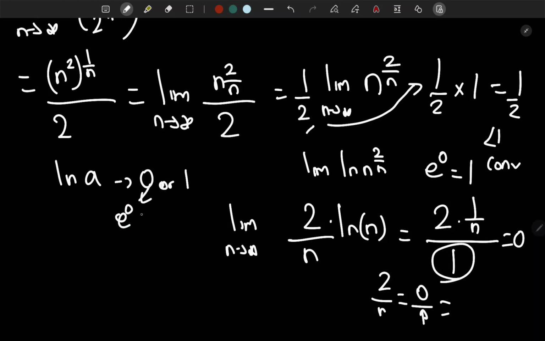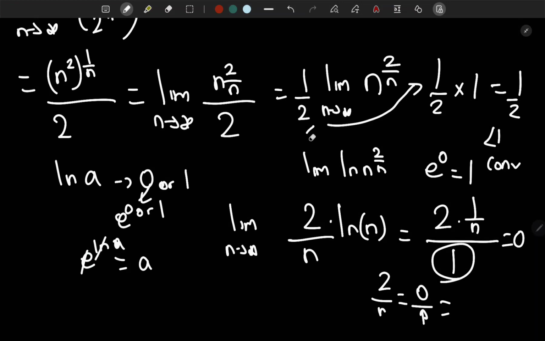So e to the power of 0 or e to the power of 1, always, because you can't just introduce a ln and leave it there. You have to cancel that ln with e, because e to the power of ln of anything, let's say a, is equal to a, since e and ln cancel out over here.